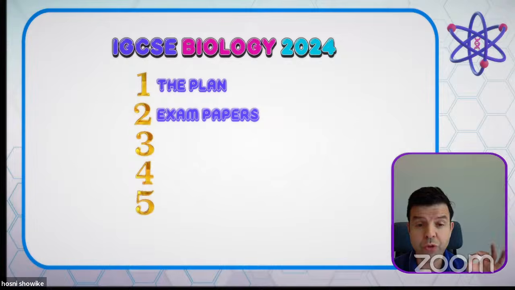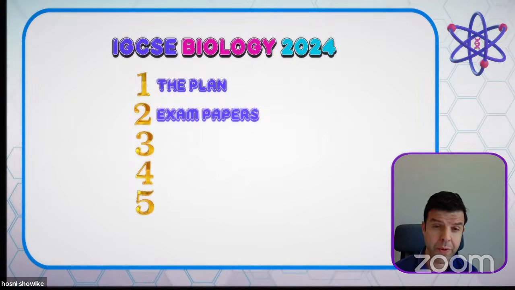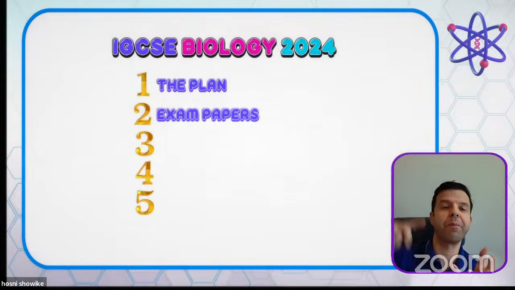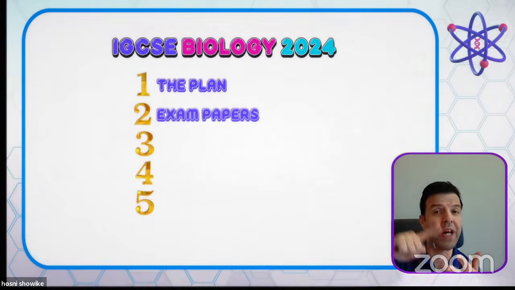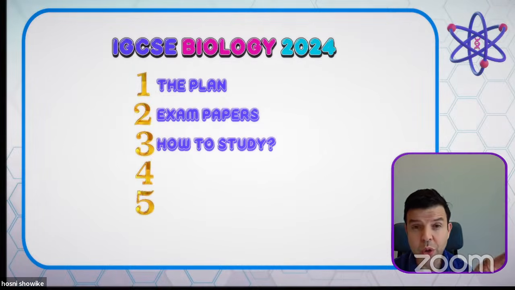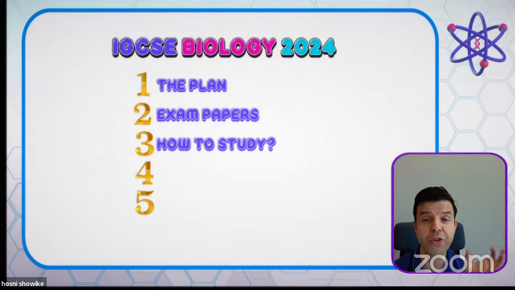The next part talks about the exam papers. So we'll get familiarized with the type of exam papers, the format of the exam papers, and how you'll be asked during the exams. Third, we will look at the best way you could study biology.